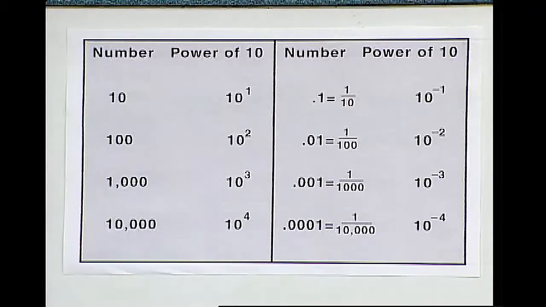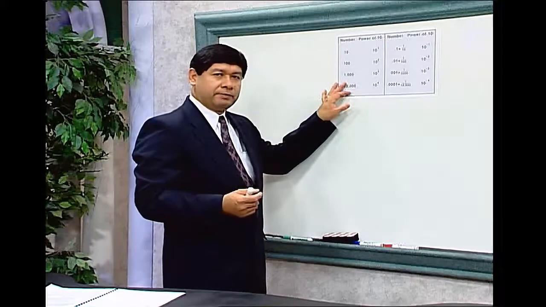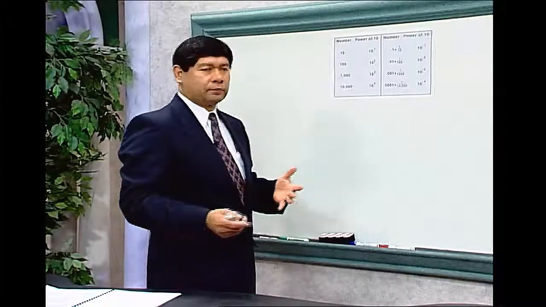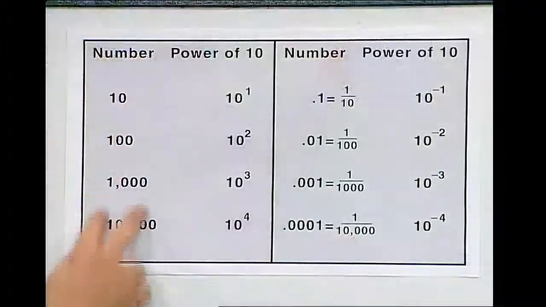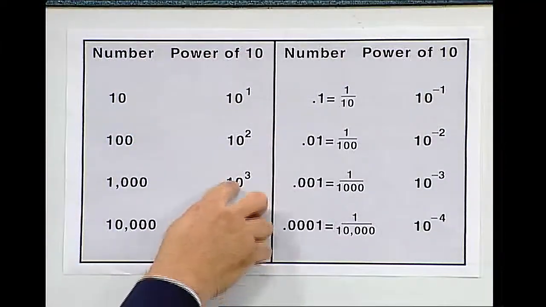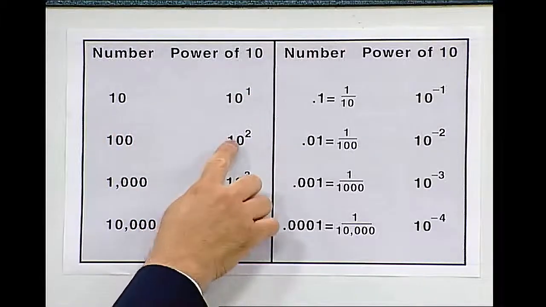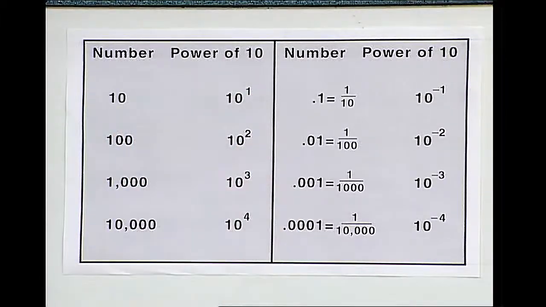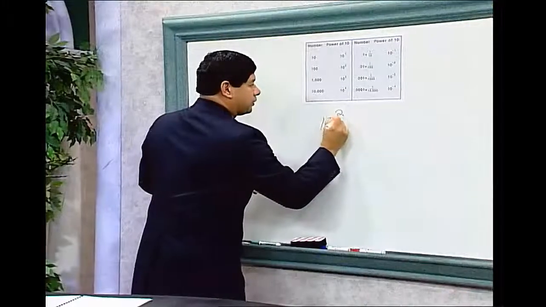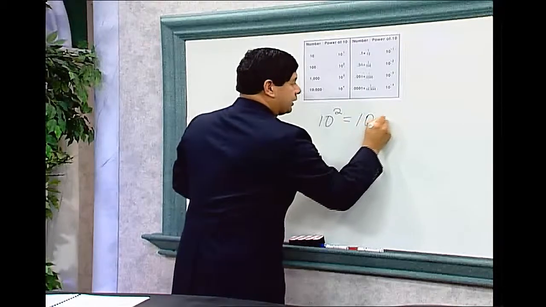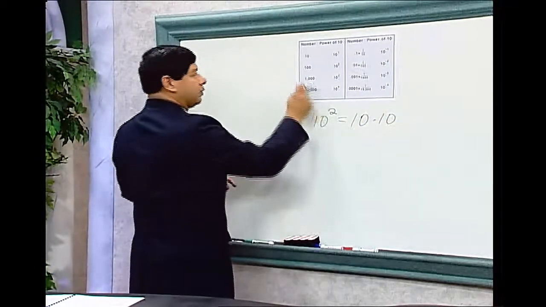Okay, it's a good idea to look at this chart and make sense of it, because making sense of this chart will help us to better understand what we mean by scientific notation. We have our number and our power of 10. 10 to the power of 1 is 10. 10 to the power of 2 can be represented as 10 times 10, and 10 times 10 equals 100.